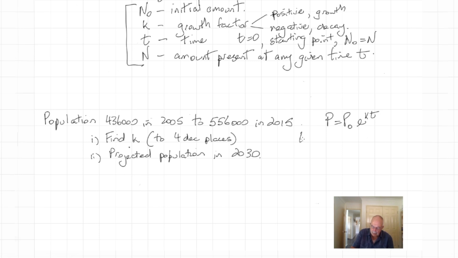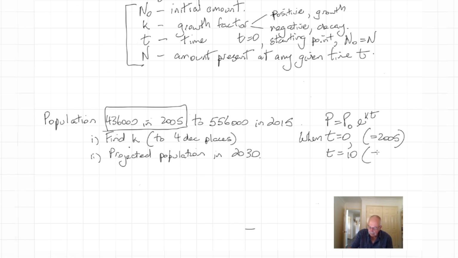We know T equals 0 will be our initial starting point, the year 2005. So we start our clock in 2005, and that's when T is 0. Then from 2005 to 2015, 10 years has elapsed, so T equals 10, and that will equate to the year 2015.